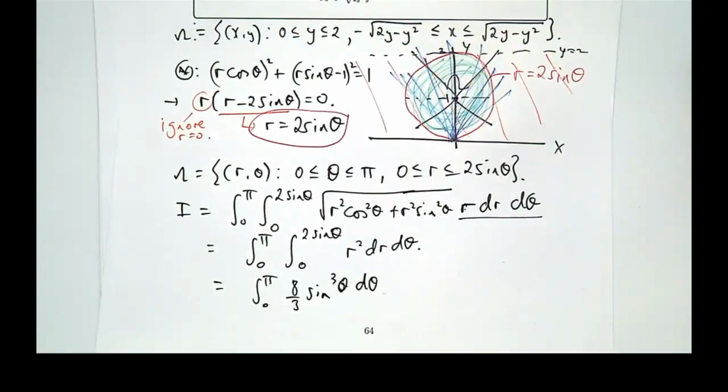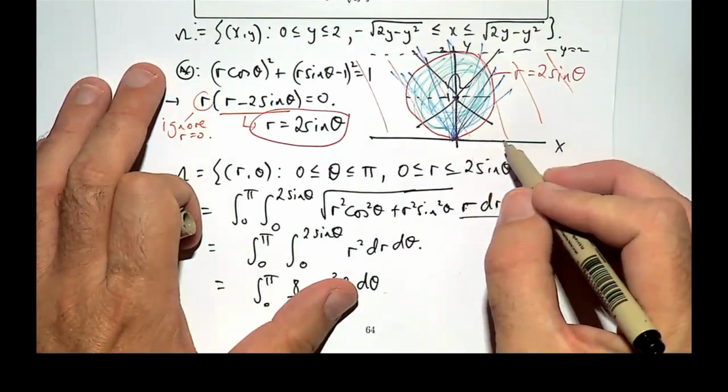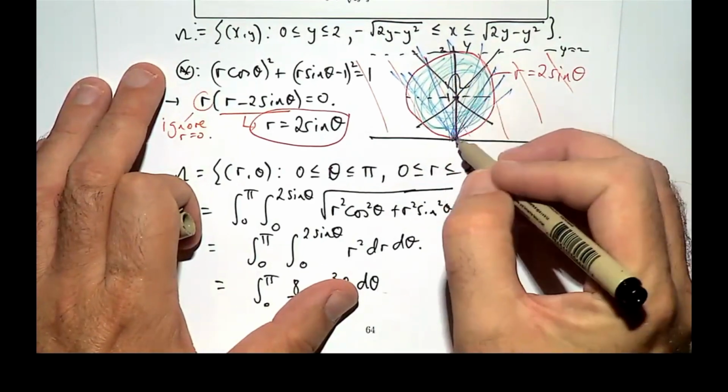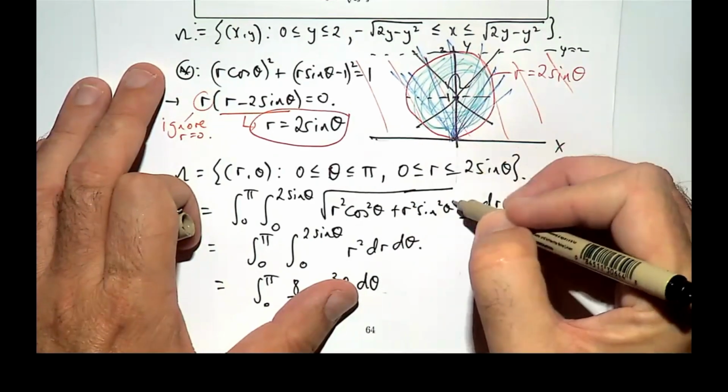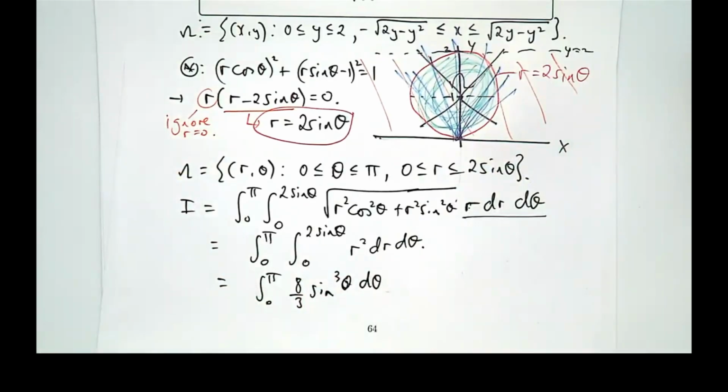And then where does theta 0 along that line? Theta's pi on 2 there, pi there, 3 pi on 2 there. Yeah. Good catch. So start your r at the origin, not at the center of the circle. That's a mistake.